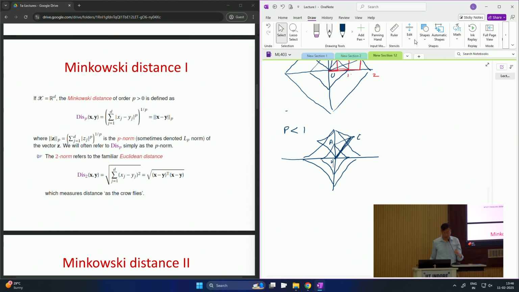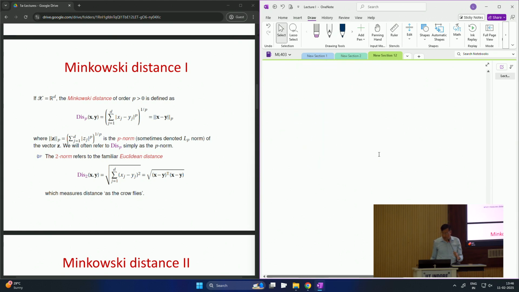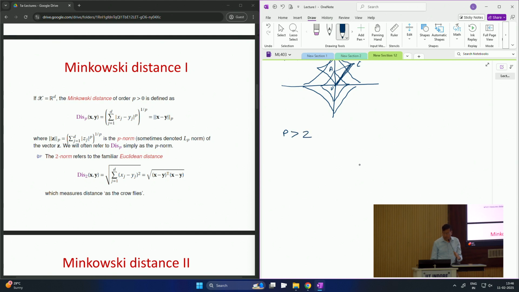Now coming to more questions. So more questions related to this is, for example, if I had to draw between 2 points, the case which we have not seen is what if P is greater than 2. So if you have 2 points like this, and you have, let's say, these points, this is the Euclidean distance.